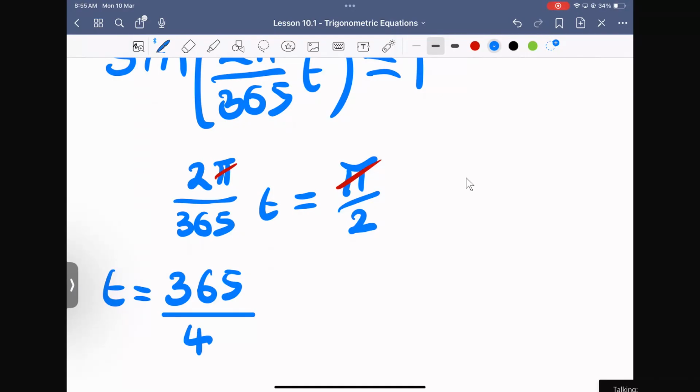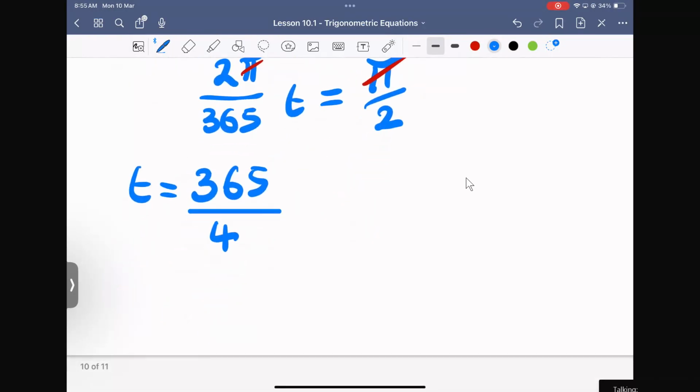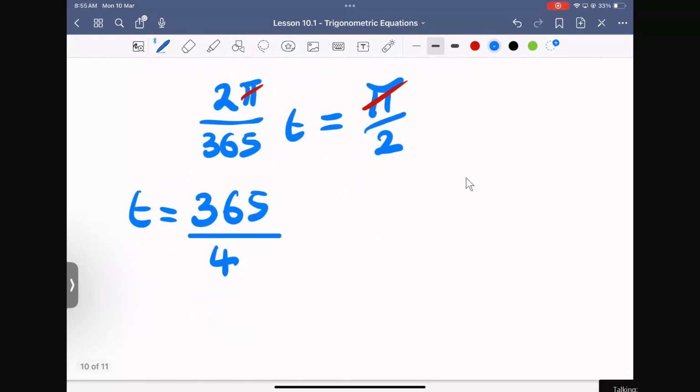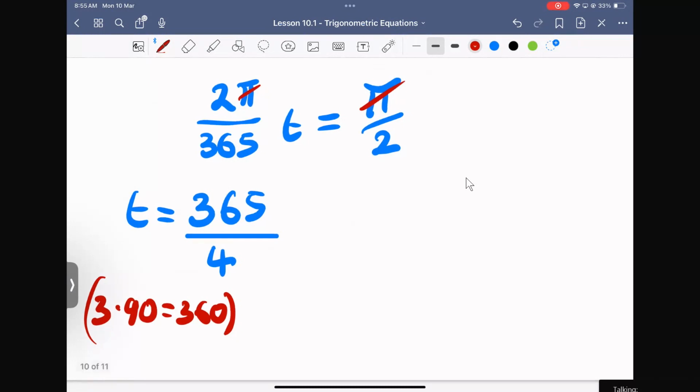We need to simplify this. So for me, what I'm thinking in my head for this one is that I know that 4 times 90 equals 360. We use 90 degrees, and we use this quite a bit.